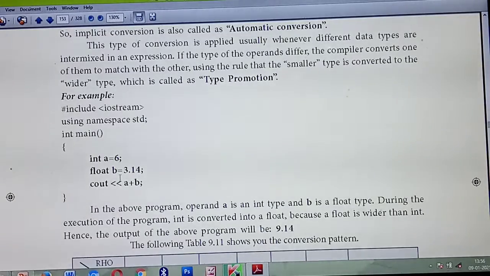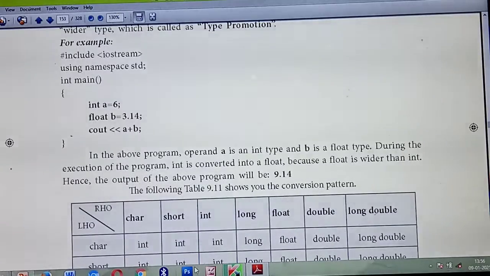Listen carefully. A is of data type int, but b is of data type float. So you are going to add two different data types. So a plus b. Finally, what answer will you get? 6 plus 3.14, so you will get 9.14 as the answer. So finally the answer you get is of data type float. This type of conversion we are calling as which one? Implicit conversion.